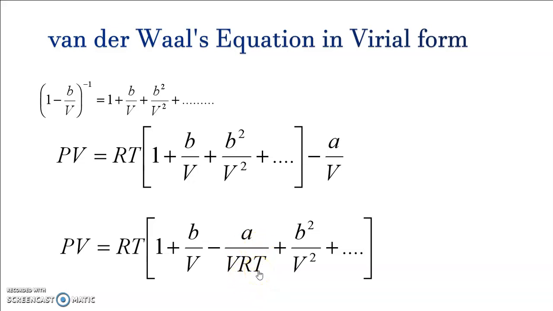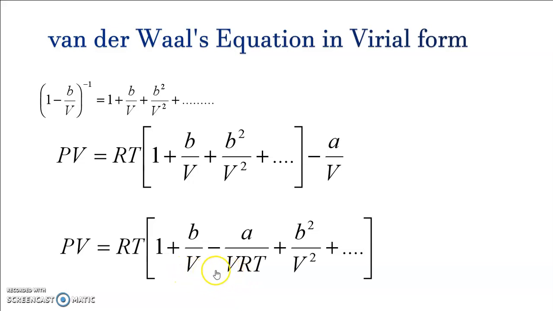You got it? That is for taking this a by V inside the bracket. It's possible if you divide this term with an RT, then it will compensate. That is, PV equal to RT into 1 plus b by V minus a by V RT plus b square by V square plus etc.